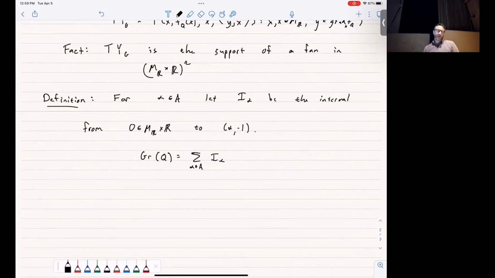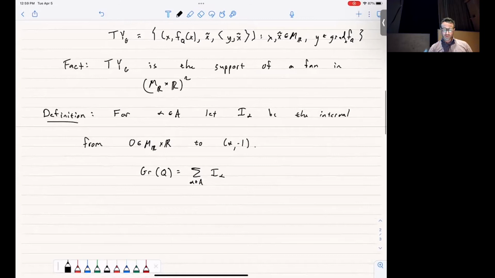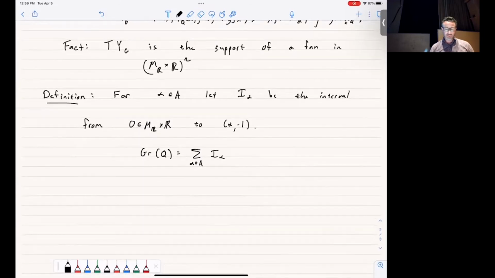Zonotopes are helpful, of course, if you want to look at their normal fans, because they give you hyperplane arrangements. You're just taking your extreme supporting hyperplanes and letting them divide up your space MR cross R. And so it's maybe not too surprising that you'll get a formulation of this tangent space as a subfan of this product itself.